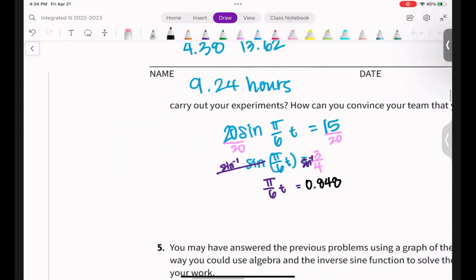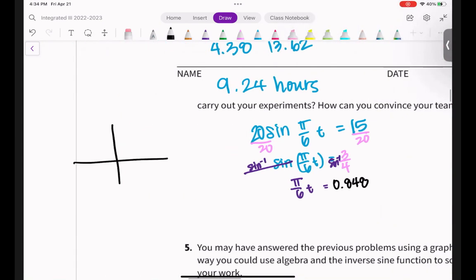I'm going to graph that. So 48 degrees is somewhere up here, right? Where else is sine positive? You're going to hear me say this question over and over again. So where else is sine positive?